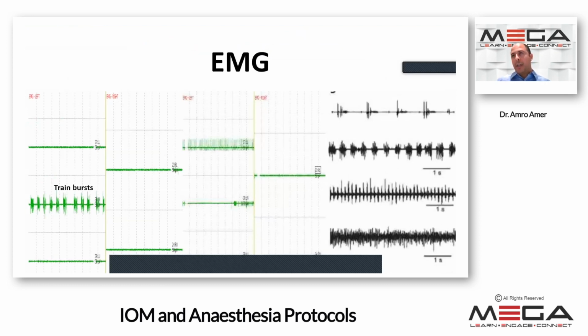EMG is just testing the function of the nerve roots. It has nothing to do with the spinal cord. SSEP usually checks the integrity of the spinal cord. Of course, if there is a change in the peripheral nerves, it will affect it indirectly. But EMG is entirely for nerves. Even if we have a complete hemisection of the spinal cord, the EMG will not be affected in any way.